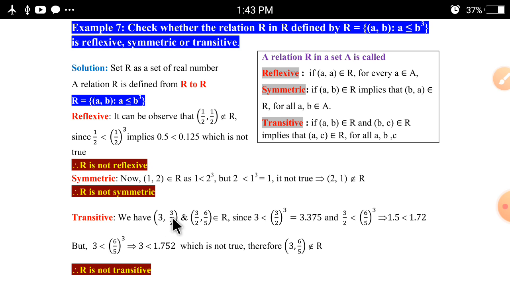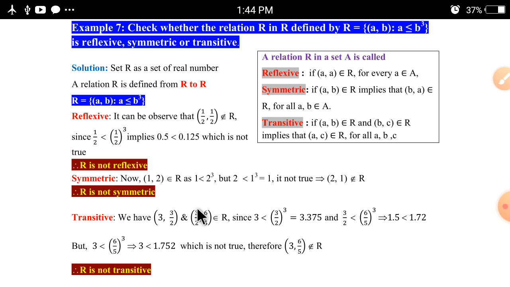Applying the definition, a is less than or equal to b cubed. Here, 3 is less than (3/2) cubed. The value of (3/2) cubed is 3.375. Is 3 less than 3.375? Yes, exactly, it is less than 3.375.